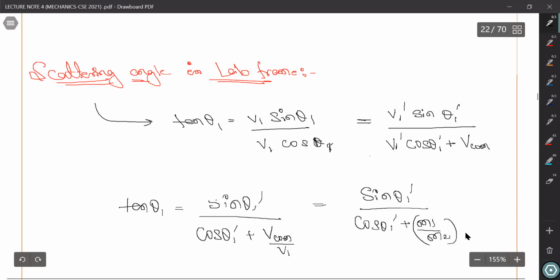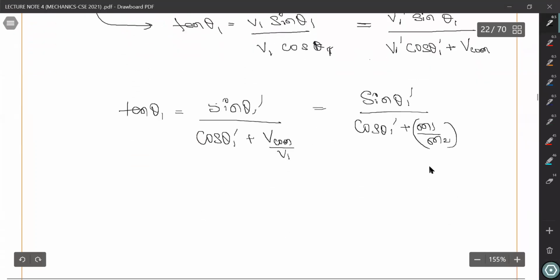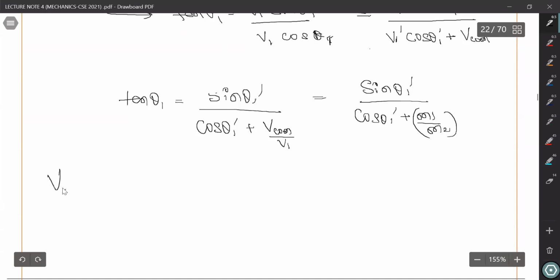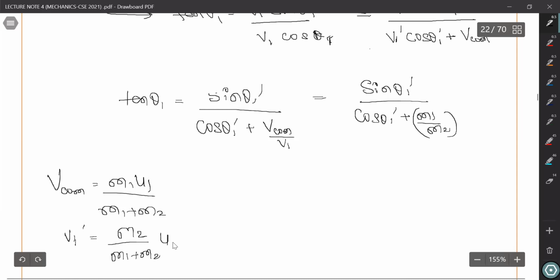We have already discussed these things, right? You can also check this: v center of mass we already discussed, this is m1 u1 upon m1 plus m2. And v1 dash is m2 upon m1 plus m2 into u1.